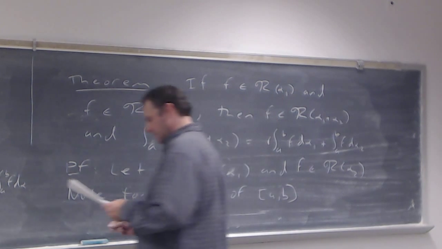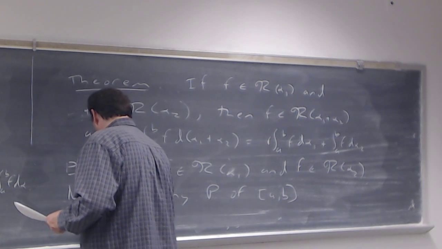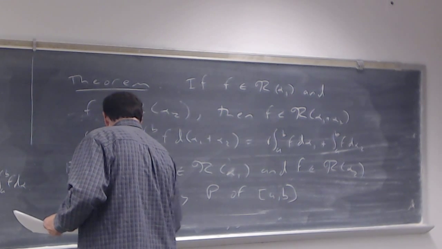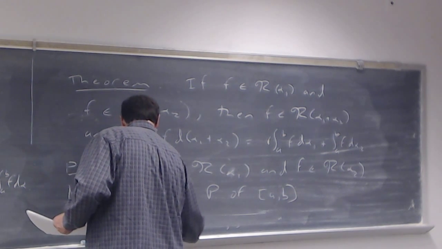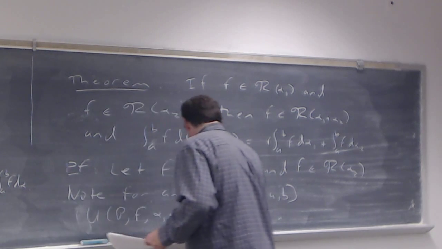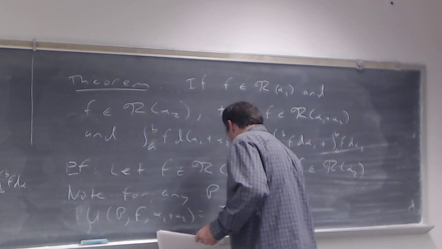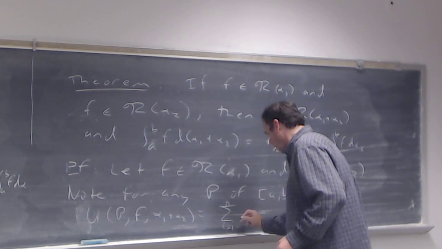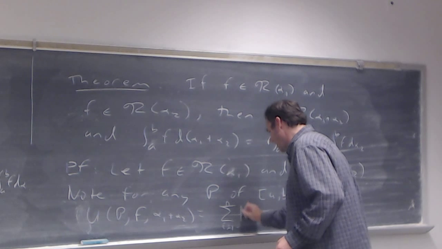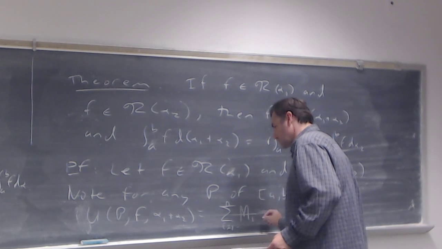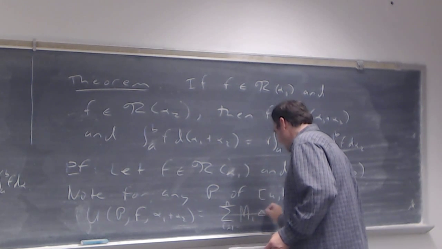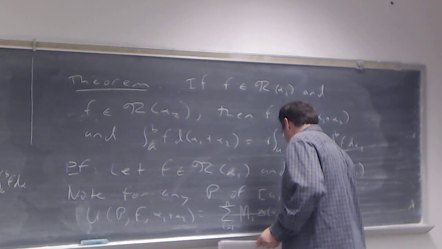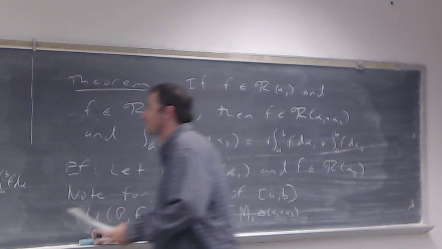The first thing I want to tell you is that you look at the upper sum. So the upper sum with respect to that partition, f and alpha sub 1 plus alpha sub 2. Well, what that's going to be equal to is the sum as i runs from 1 to n of the big M sub i's, and then we have the change in alpha sub 1 plus alpha sub 2. Let's continue to look at that.